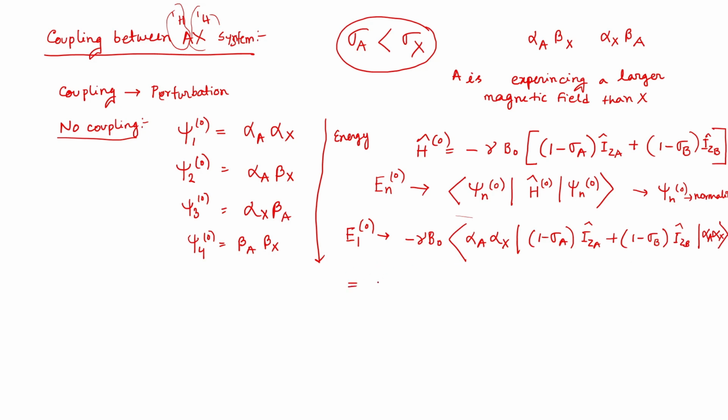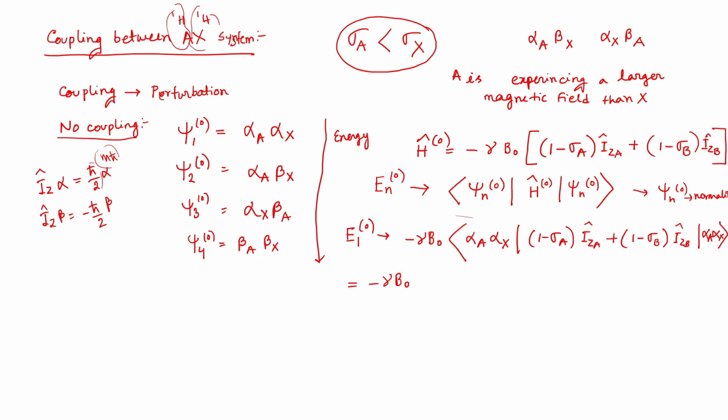Now what is that? γB_0, right? Now here we have to know this thing, that I_z operating on α is going to give us ħ/2 α, that is the spin value, right? I_z operating on β is going to give us −ħ/2 β. This is nothing but the m_ħ value, the z value of the angular momentum.